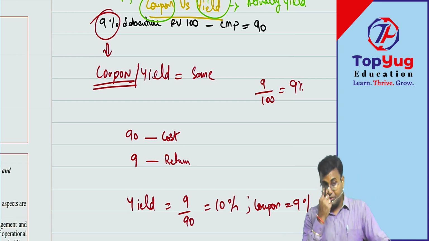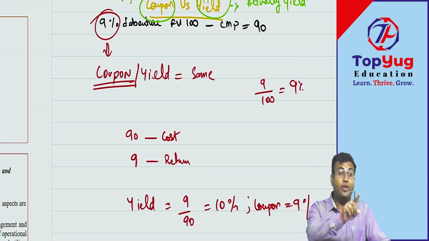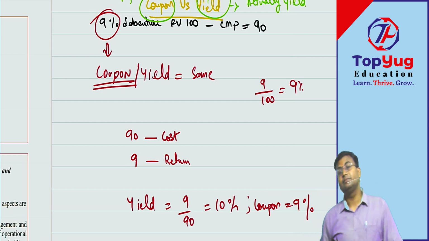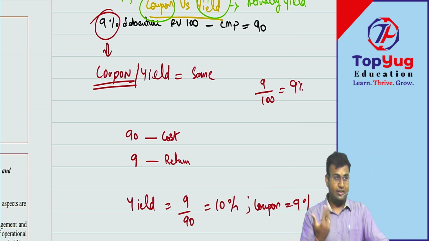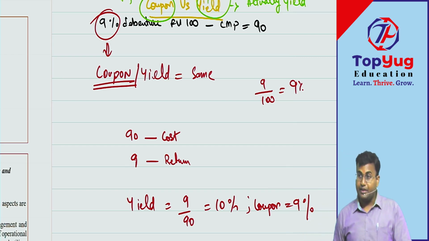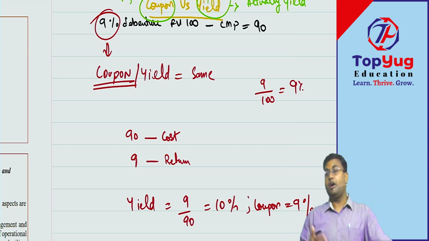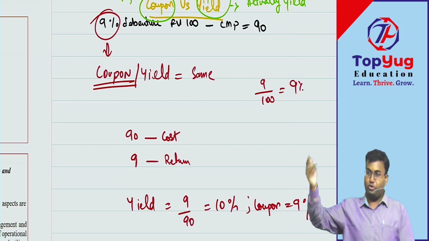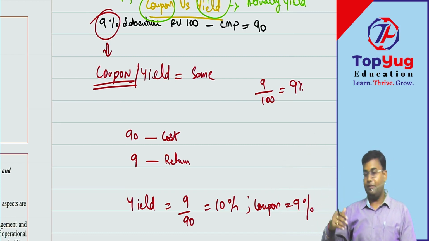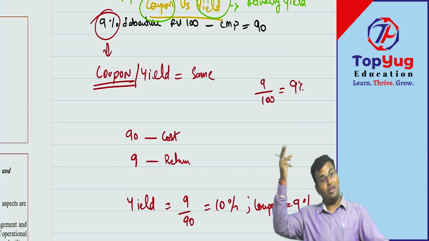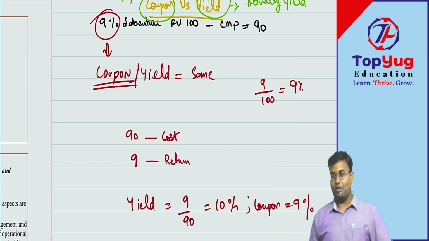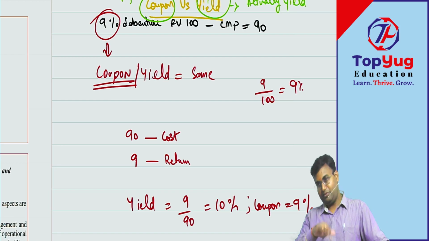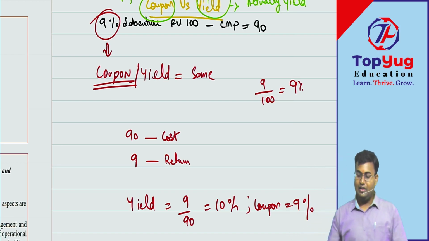That's why they use the terminology of yield more frequently in agriculture. How much is the per hectare yield? That means how much is the actual production that is happening. You might have an estimate, sir, in 1 acre I will have this much production. Every month I will have a different crop, 12 crops. Ultimately, you will not be able to have one proper crop in a year. So, coupon versus yield. Done?